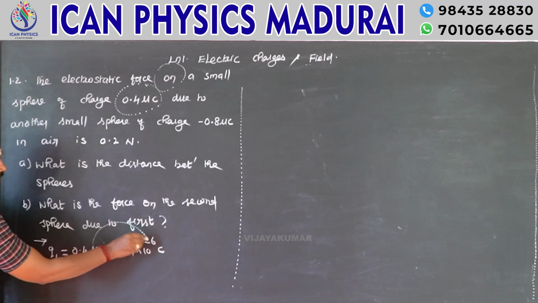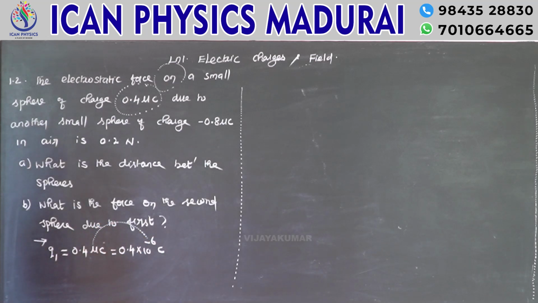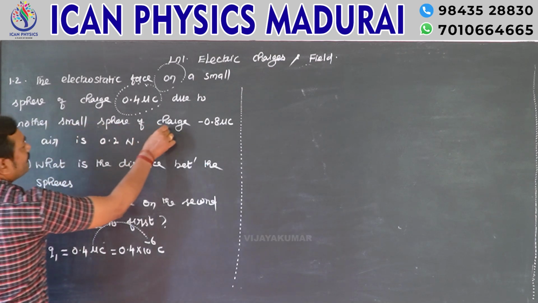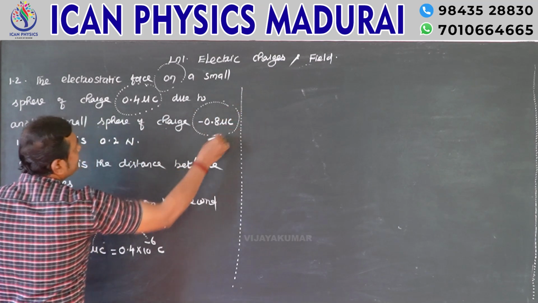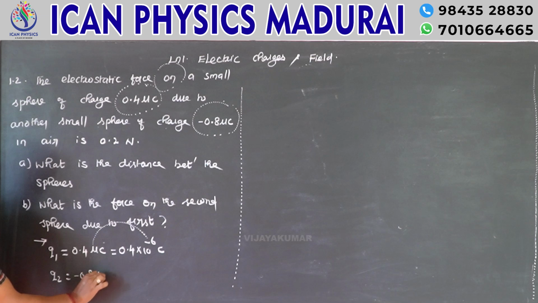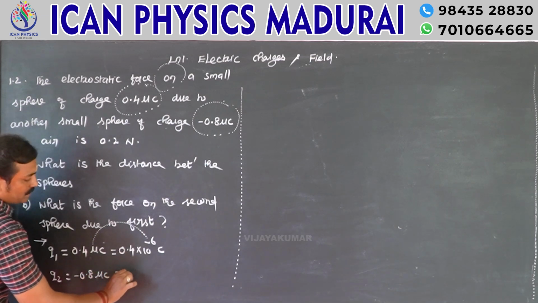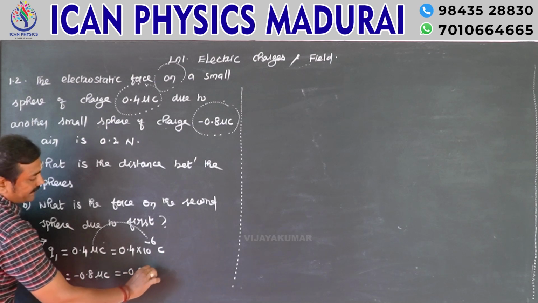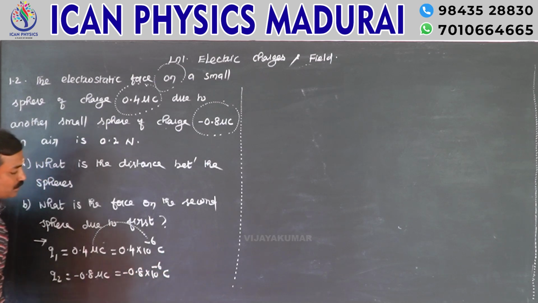To convert the microcoulomb into coulomb, it is multiplied by 10 to the power minus 6. Due to another sphere of charge minus 8, so Q2 is the charge of minus 0.8 microcoulomb. Once again, convert the microcoulomb into coulomb, so minus 0.8 into 10 to the power minus 6 coulomb.